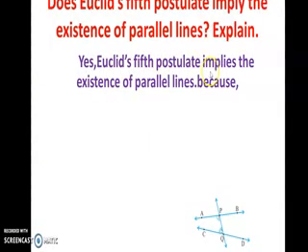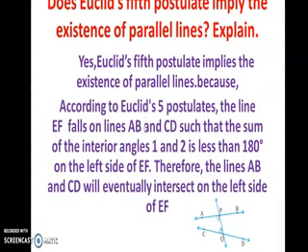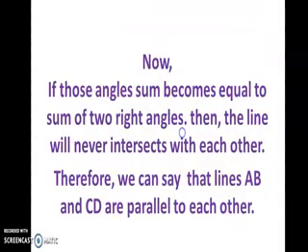Euclid's fifth postulate implies the existence of parallel lines, because according to Euclid's fifth postulate, the line EF falls on lines AB and CD such that the sum of the interior angles 1 and 2 is less than 180 degrees on the left side of EF. Therefore, the lines AB and CD will eventually intersect on the left side of EF.